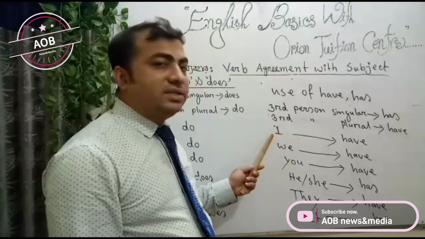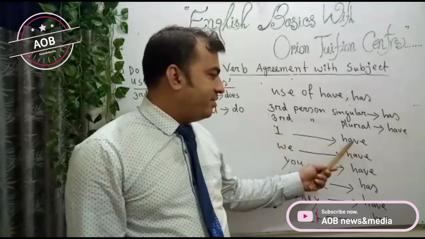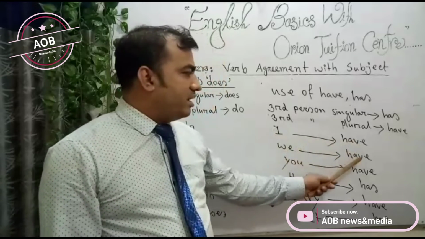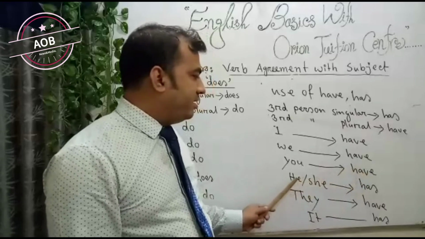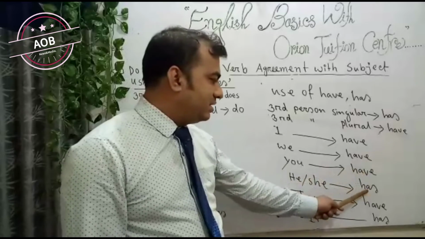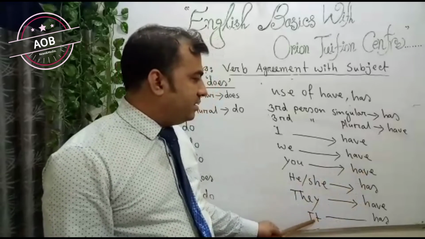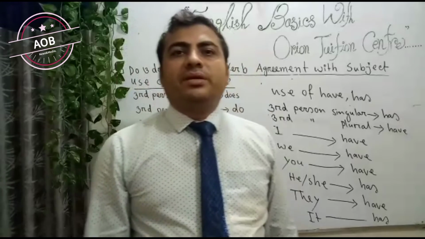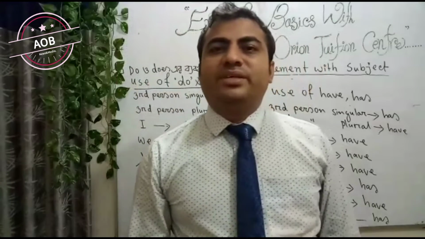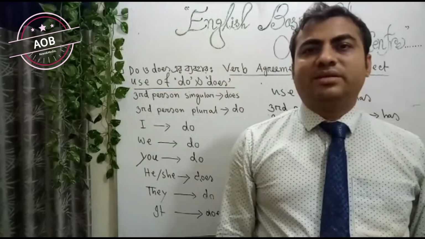Next, in the case of I, we have to write have, we have, you have, he or she has, they have, and it has. So, it's the use of auxiliary verbs do, does, or have and has.